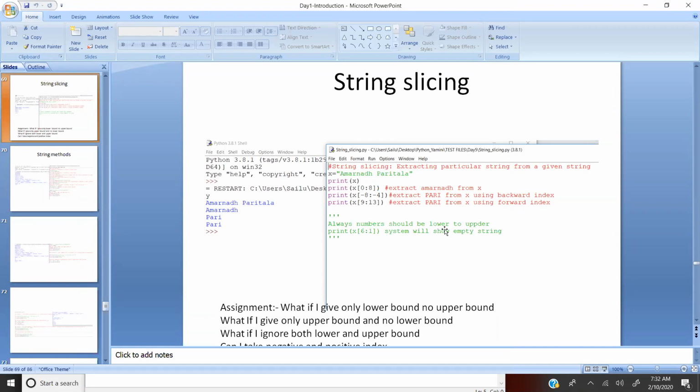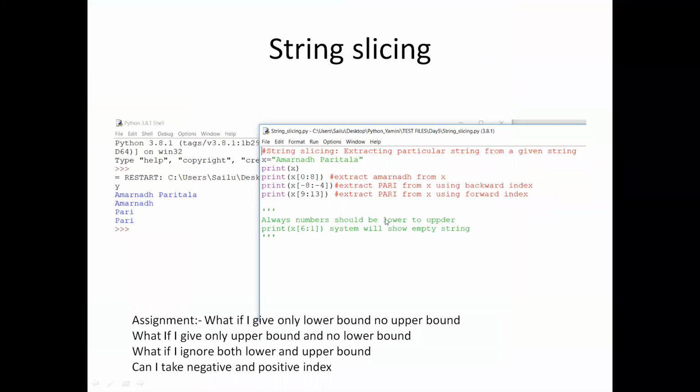No, ma. And one keynote here: when you're doing the slicing activity for a string, always try to give the lower to the upper number. Here I just mentioned 0 colon 8. So 0 is the lower and 8 is the upper. So the system considers this. What if I give it in a reverse manner, like 8 colon 0?